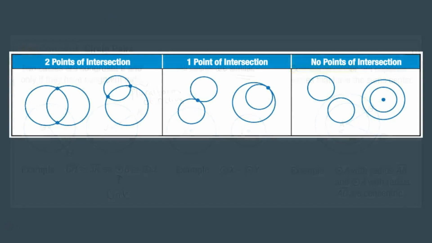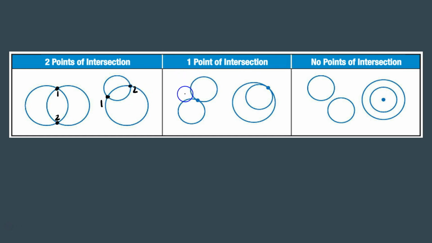Alright, next we want to go over intersection, specifically points of intersection. So when I'm saying 2 points of intersection, I'm saying that the two circles cross at 2 points. 1 and 2. And once again, they cross at 2 points here. There's 2 intersections, 1 and 2.